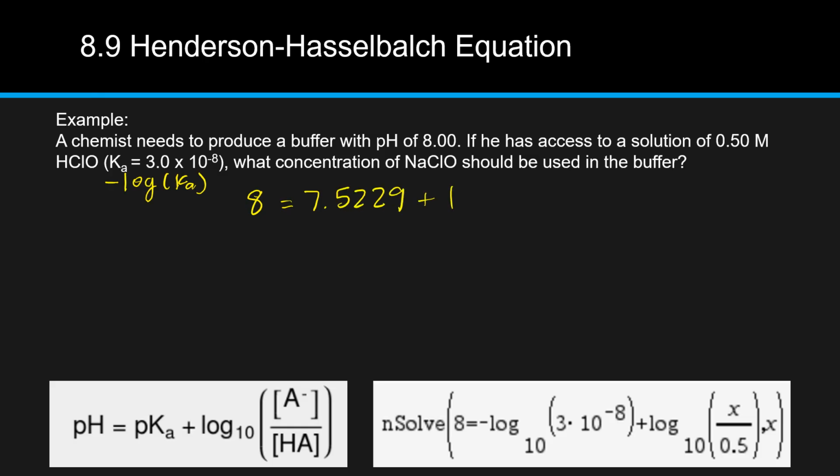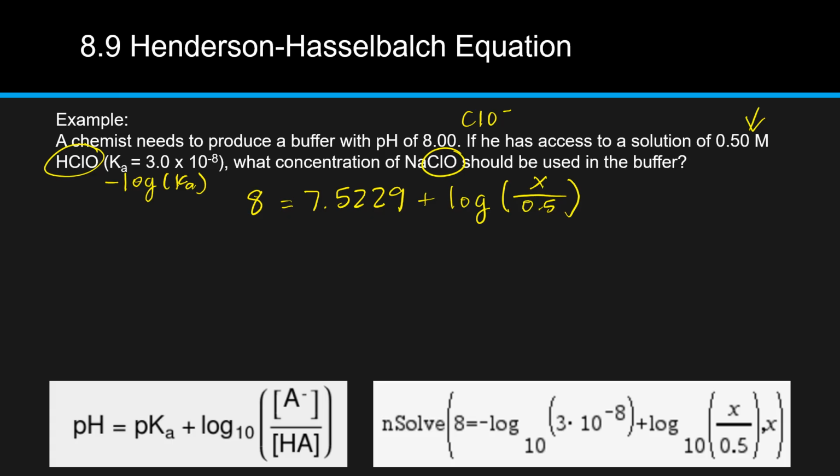And then we have the log of the concentration of weak acid over the concentration of conjugate base, which is ClO minus. Now, we already have the concentration of our weak acid, which is 0.5. So that's going to go on the bottom. And we are solving for the concentration of conjugate base, which is X.